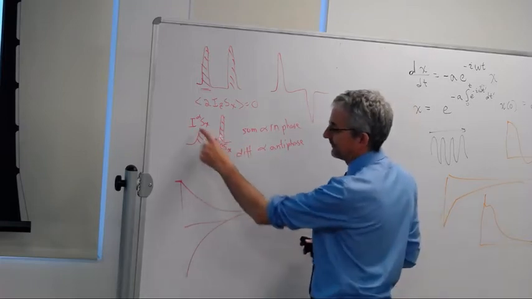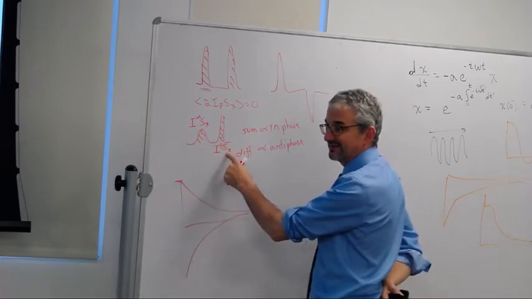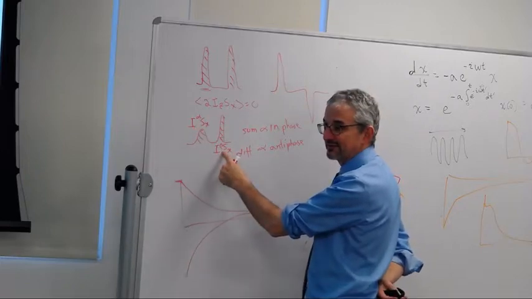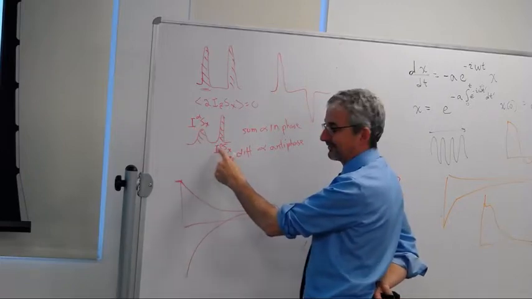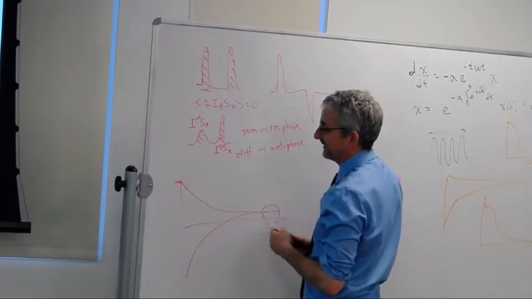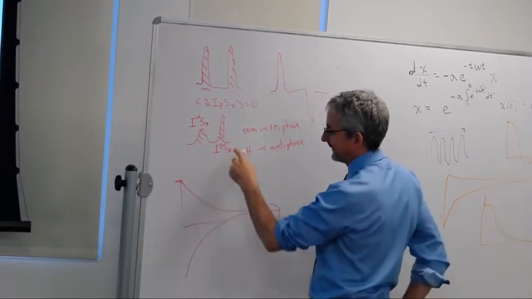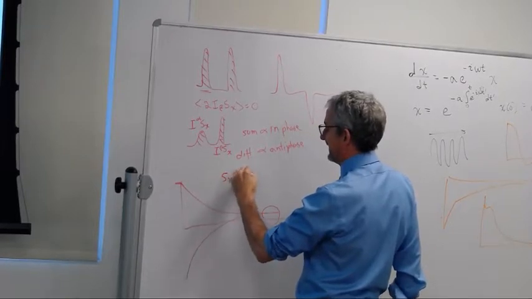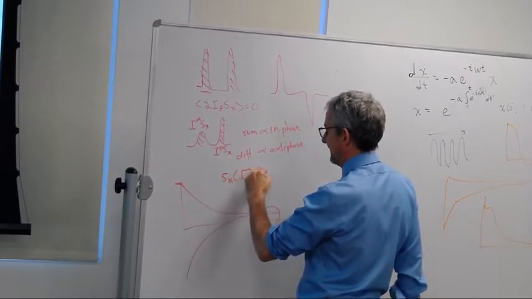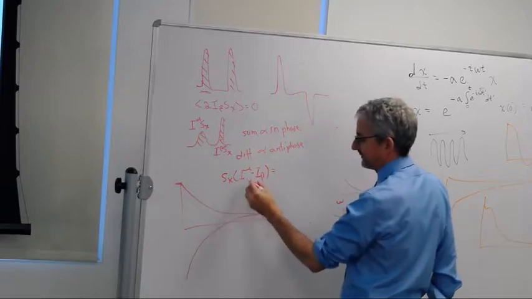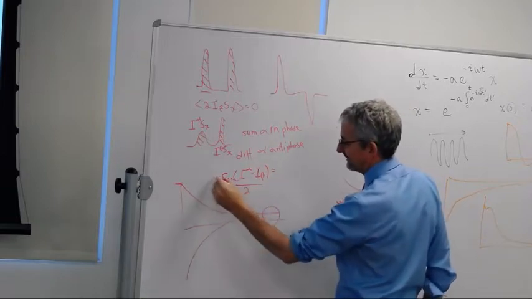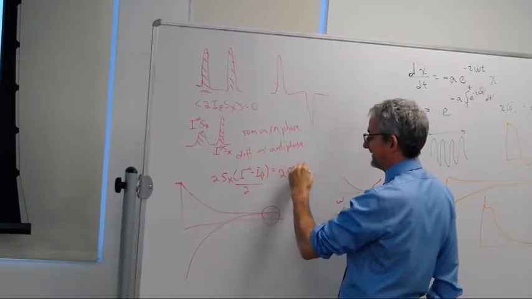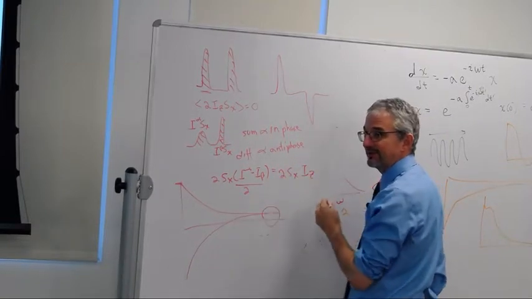If we sum the two of these, we just get SX, because I alpha plus I beta is equal to the identity operator. So the sum of the two is in-phase magnetization. The difference of the two would be SX (I alpha minus I beta). And that's equal to, if I divide by 2 and multiply by 2, 2SX IZ, the antiphase operator.